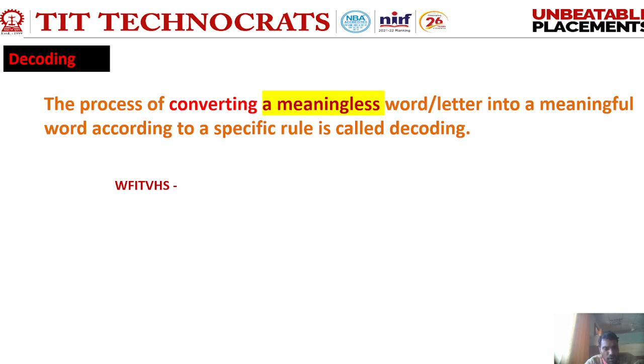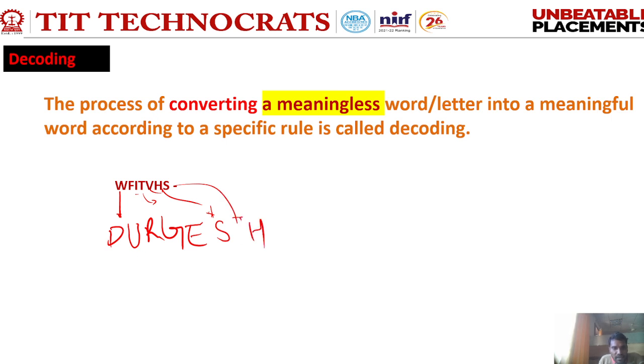W is converted to its opposite letter D. F is the opposite letter of U, I is the opposite letter of R, T is the opposite letter of G, V is the opposite letter of E, H is the opposite letter of S, and S is the opposite letter of H. So this is the decoded word.